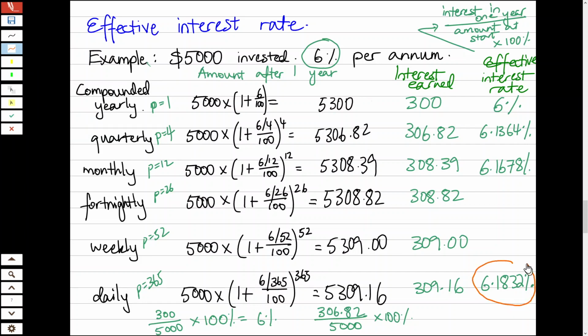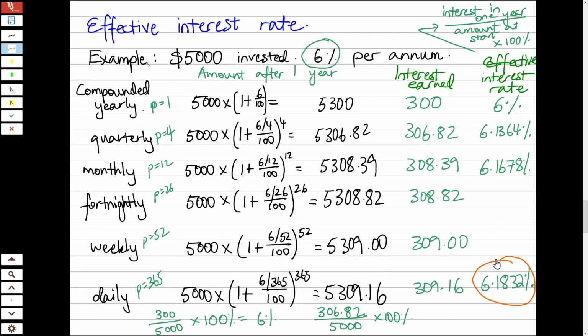If I invest in daily compound interest for 1 year, this is saying it's the same as investing at 6.18% with only one payment at the end of the year. So if I invest in an investment that gives me 6% interest compounded daily, that's like 6.18% after 1 year.